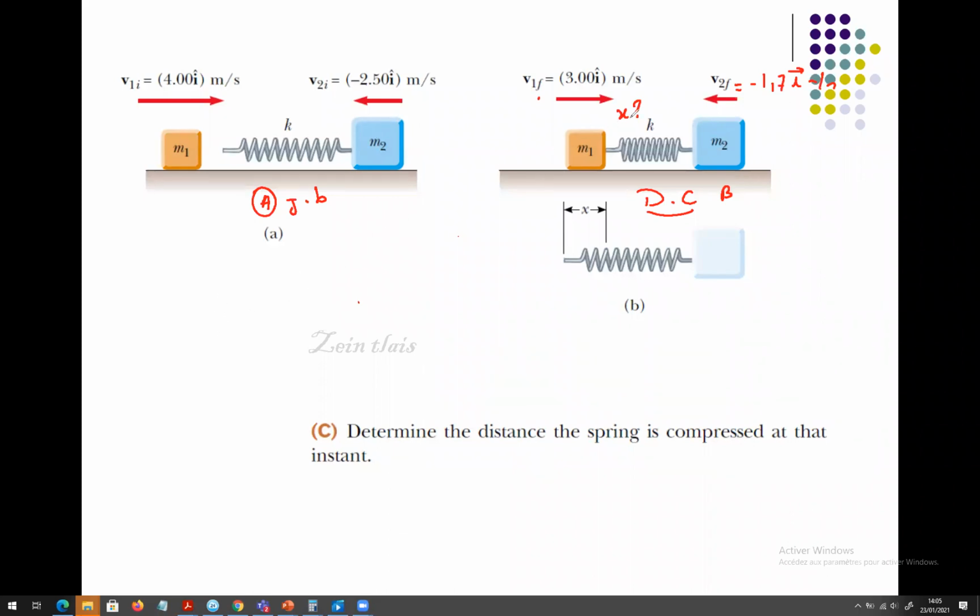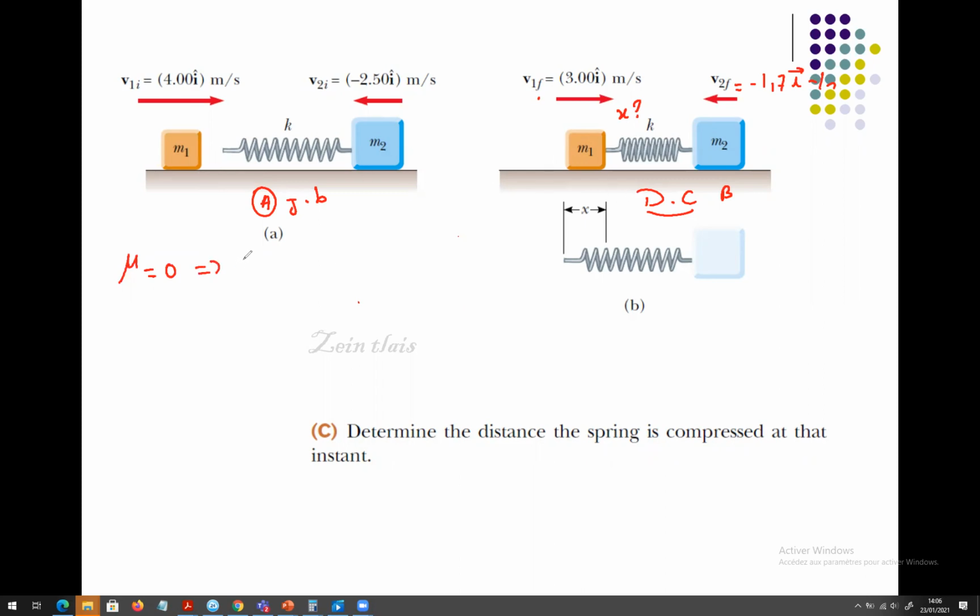As we need to calculate X, I have to talk about the mechanical energy, because with P initial and P final we don't have X. So I need to consider the mechanical energy between which positions. We can take between position A and position B, as mu equals 0 between these two positions.